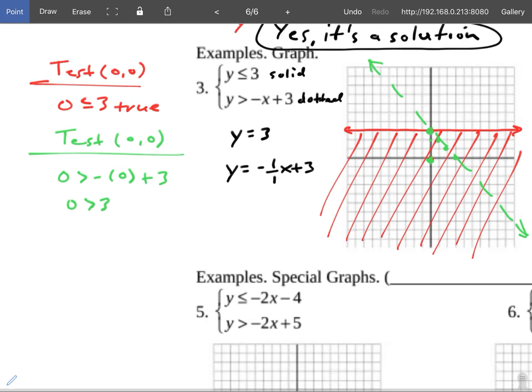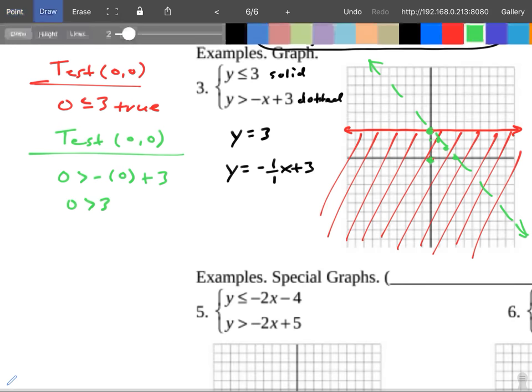So since we picked this point and it's not true, we have to shade the other side of the green dotted line. So that is going to look something like this. So then hopefully you guys can see where the double shaded part is, okay?